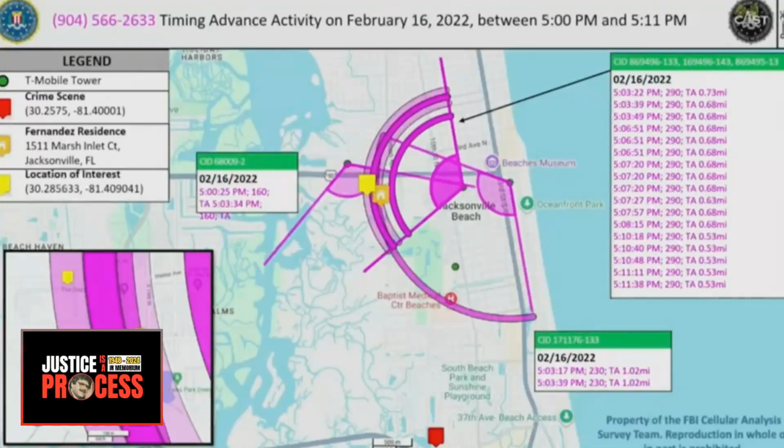The tower here is indicated with the call-out box to the right, events between 5:03 and 5:11 p.m. Those events are the bands drawn here.